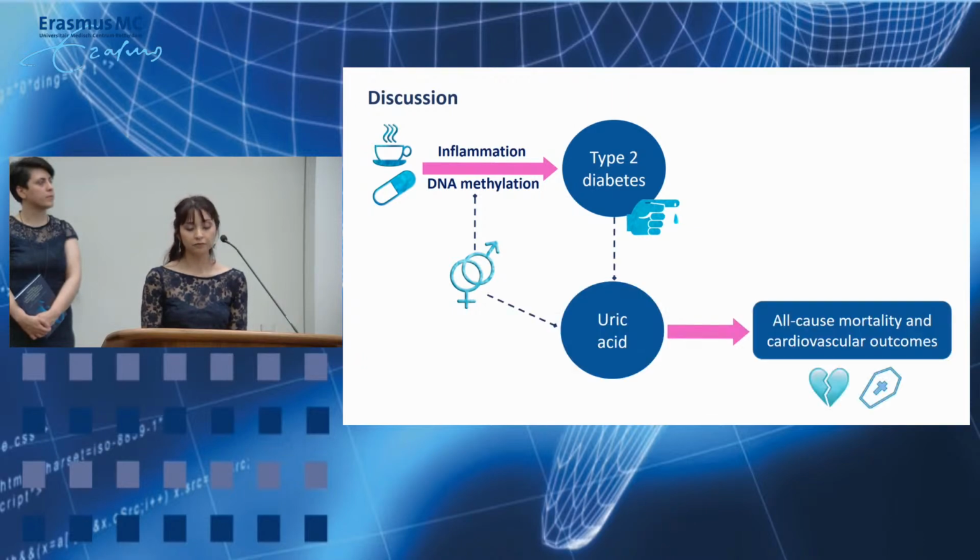And we further found in the uric acid study that higher levels of uric acid were associated with mortality and cardiovascular outcomes. And here we found that type 2 diabetes status and sex could play a role in changing the magnitude of this association among participants.